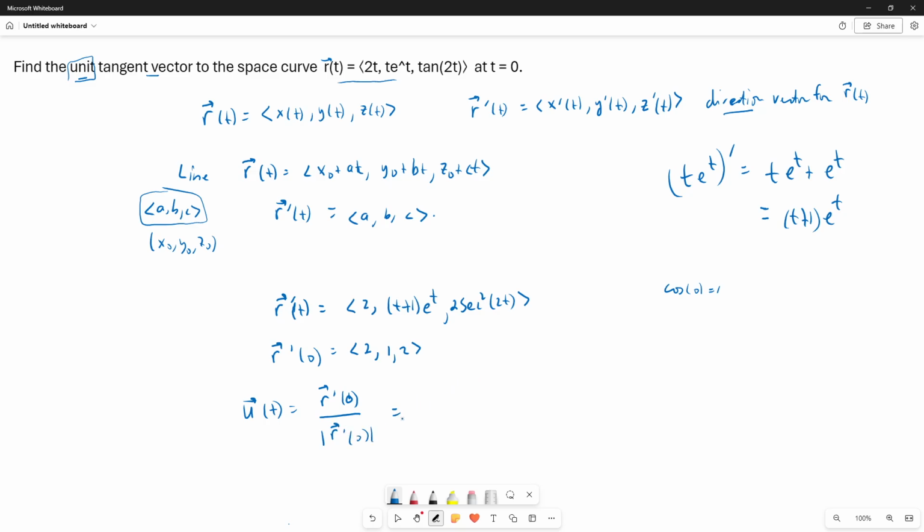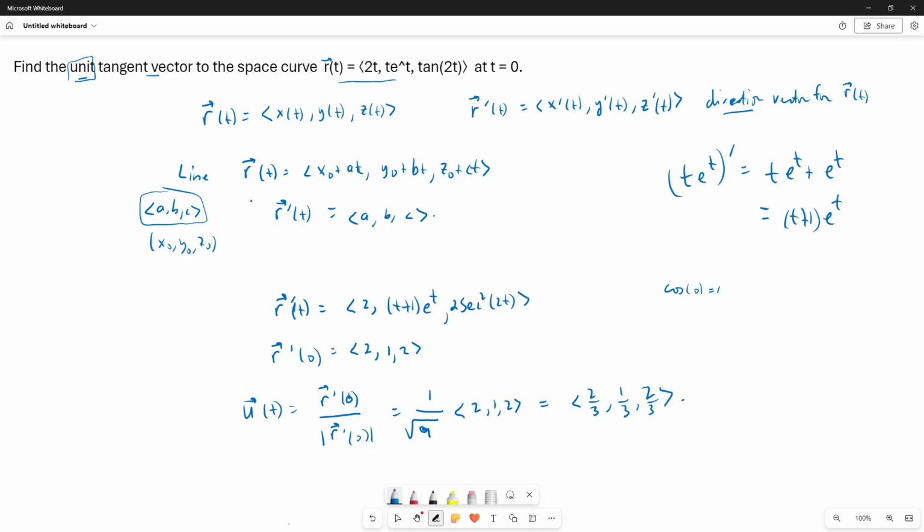So the magnitude is the square root of the sum of the squares, 4, 1, 4. So that's 9. So 1/3 of the original vector is a unit vector. So that's the vector 2/3, 1/3, 2/3.